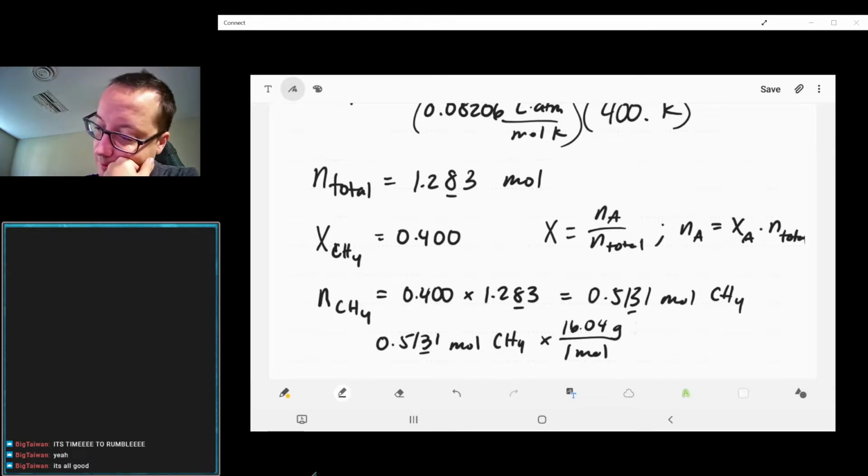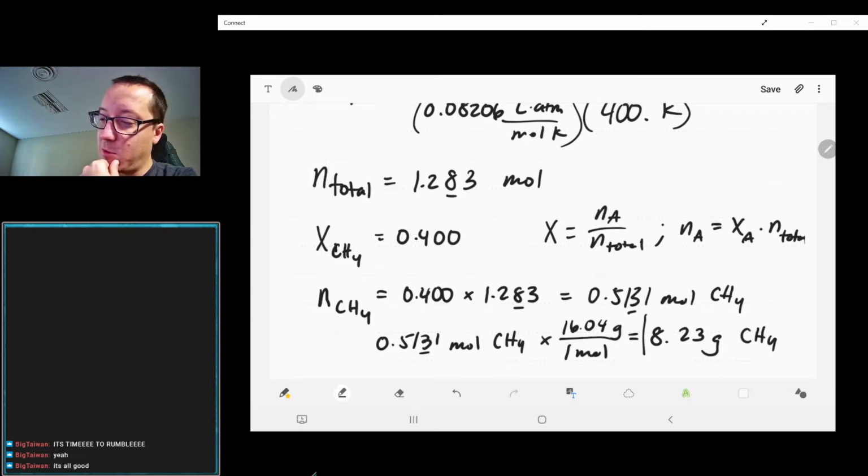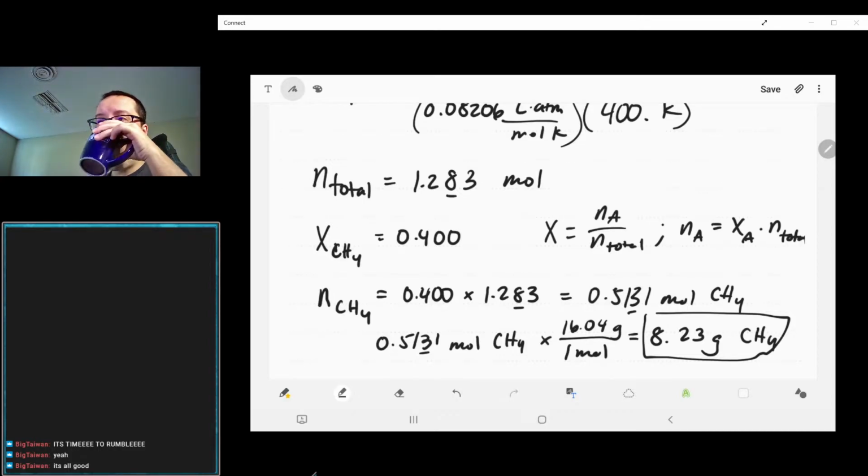Doing that out, we get 8.23 grams of methane. So hooray, we have our first answer. Any questions on the methane one before we do the other two?